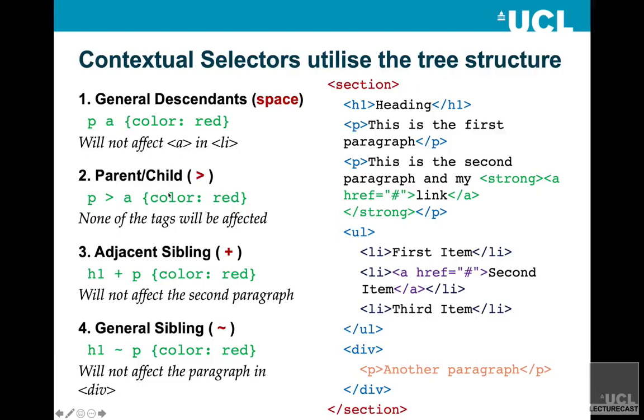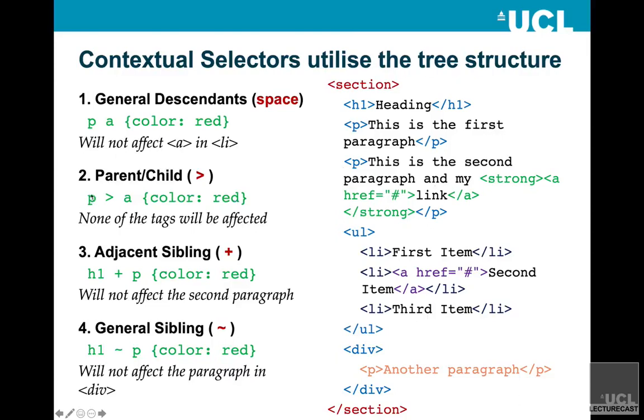Parent-child is much stricter because parent will have to highlight that the relationship between the descendant and the ancestor is direct. So there's no other child in between. So you can't select the grandparent in this case, right?